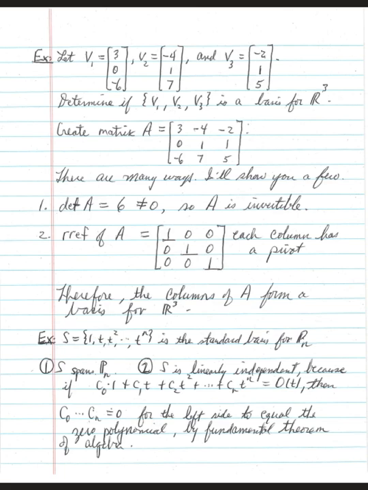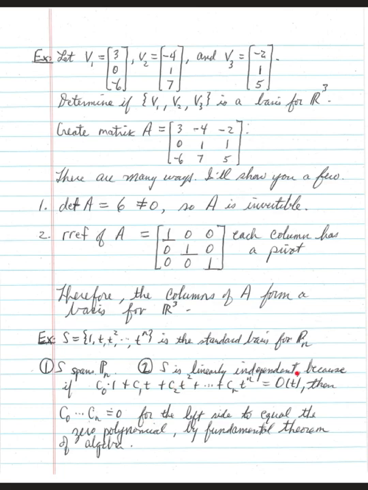None of these entries can be written as a linear combination of the others. They're all independent. In fact, S is linearly independent because one thing we can check is if we have coefficients on these, and if you can call them vectors, we have 1, t, t squared, all the way up to t to the n, but we're putting in these scalar multipliers.